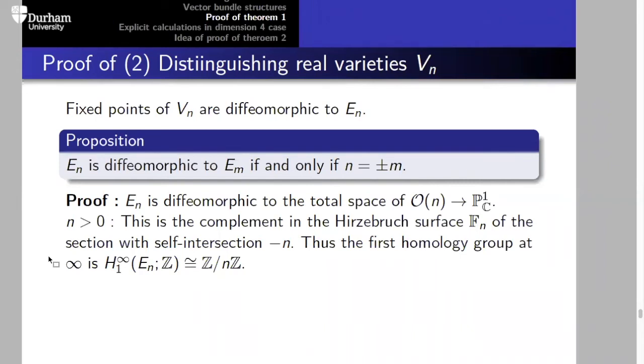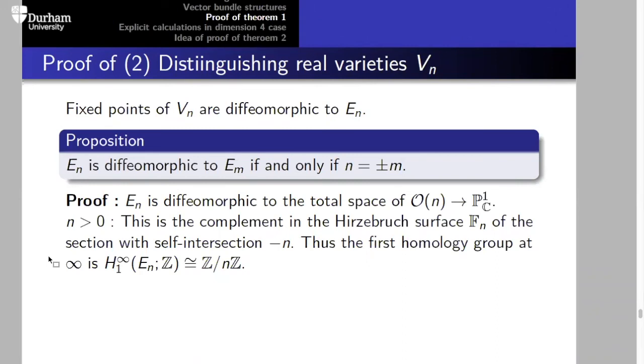This means that En can be thought of as the complement in a Hirzebruch surface, Fn, of the section with self-intersection minus n. Just to recall, the Hirzebruch surface is a P1 bundle over P1, having a unique section of negative self-intersection. And if I take it out, I get exactly this space En.